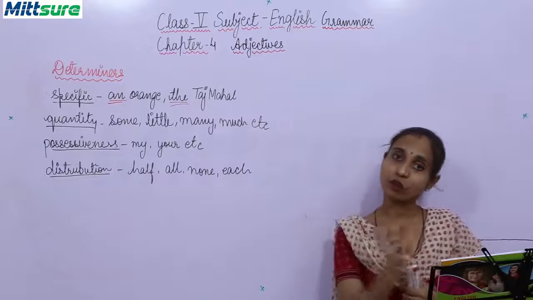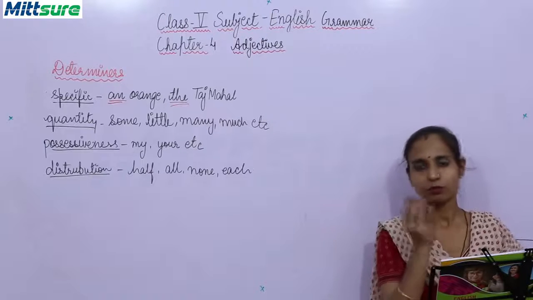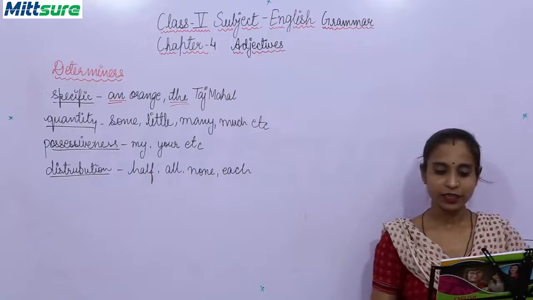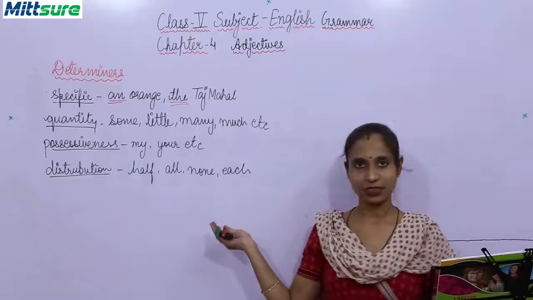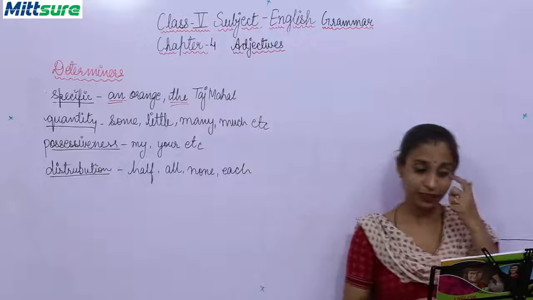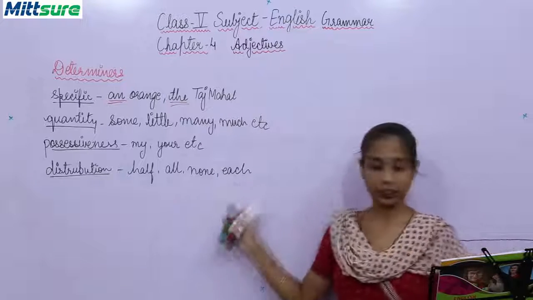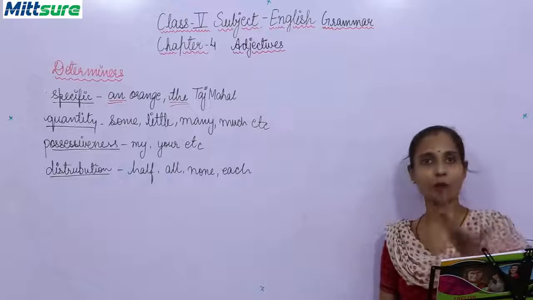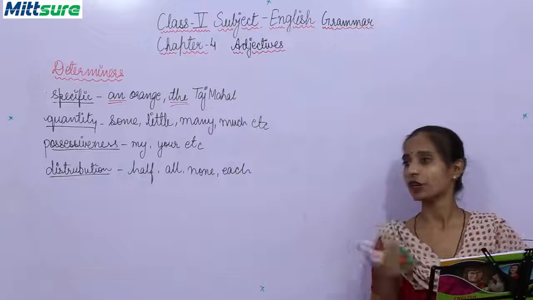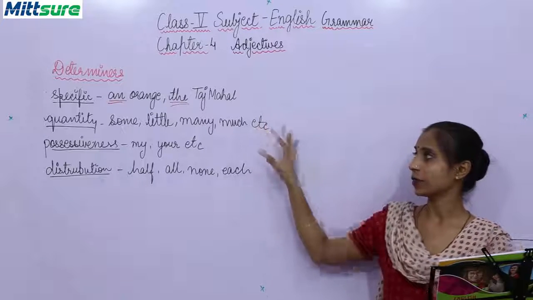Just before salt, some salt, only some I want. Then possessiveness, I told you my, your, all the possessive pronouns. Then distribution, half, all, none, each. It is written half of the pizza, all the boys, each one of you. So, this is known as determiners.